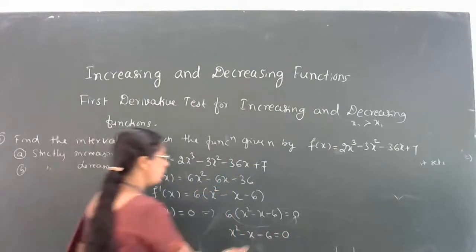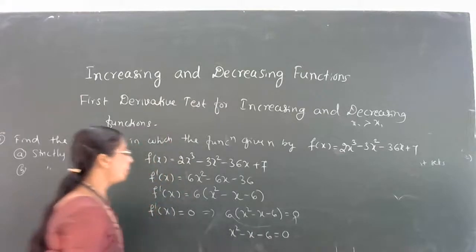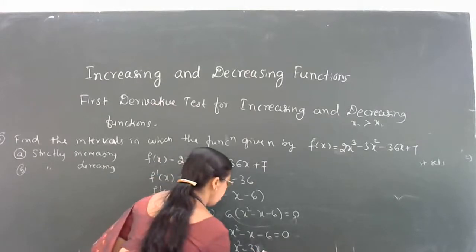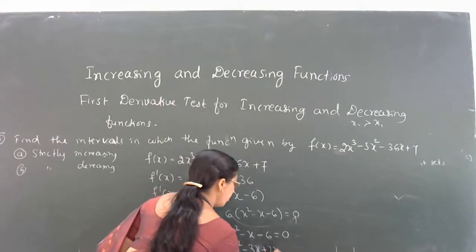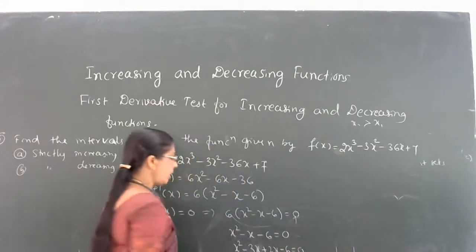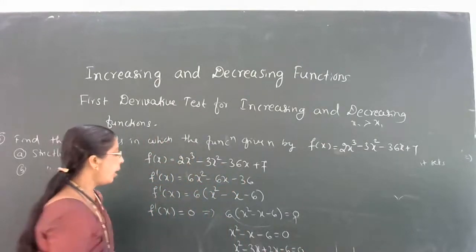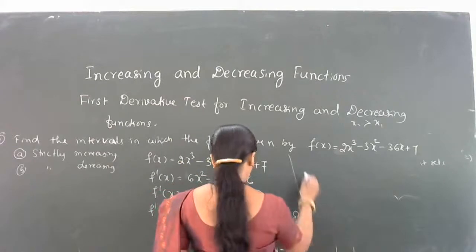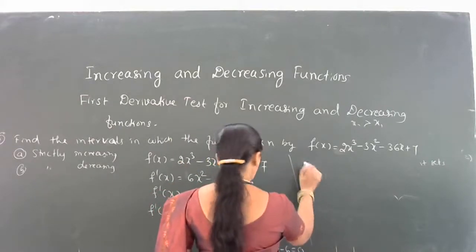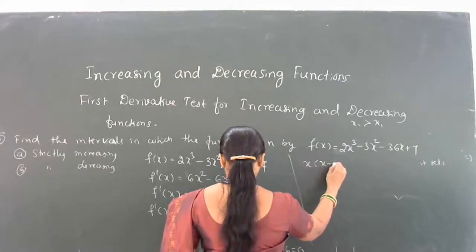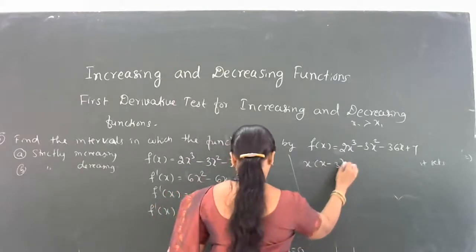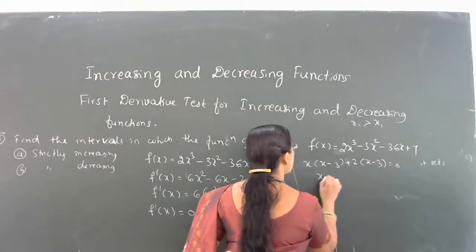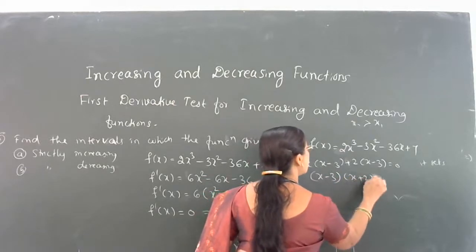We solve this by splitting the middle term: x square minus 3x plus 2x minus 6 equals 0. Taking common, x into x minus 3 plus 2 into x minus 3 equals 0. So x minus 3 or x plus 2 is equal to 0.